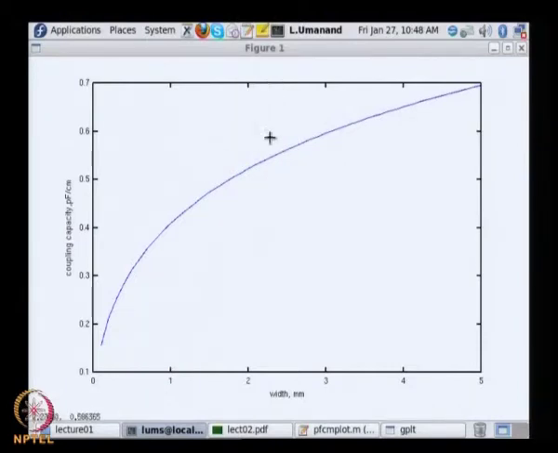So, increasing the width will give you more capacitance between the two lines. So, this is what we would be learning from this exercise on the capacitance.